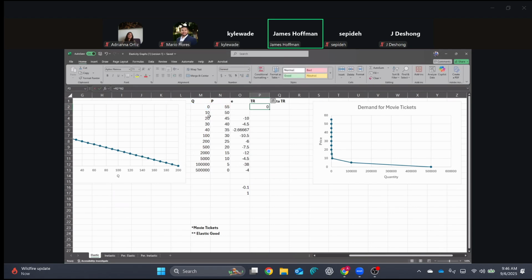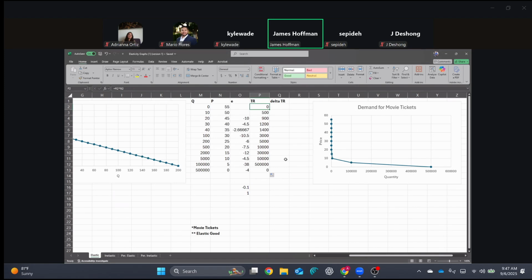But if we sell 50 tickets at 10 customers, that's $500, and so on, until we sell 100,000 customers buy $5. All right. So that's our revenue. Now you can see that our revenue is going up every time. That doesn't necessarily mean that we should keep decreasing the price, although in this case it is.